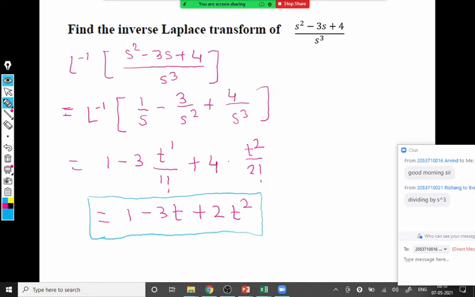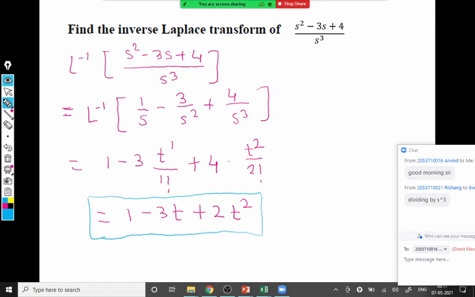Remember one very important thing: whenever you take a Laplace of any given function, the answer should be a function of s only, and when you take inverse Laplace, the answer should be a function of t only. So nowhere is s appearing in the final solution, because we are converting an s domain function to a t domain function by an inverse operator.